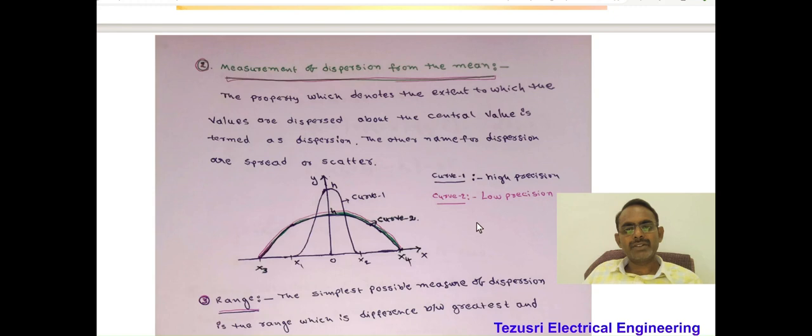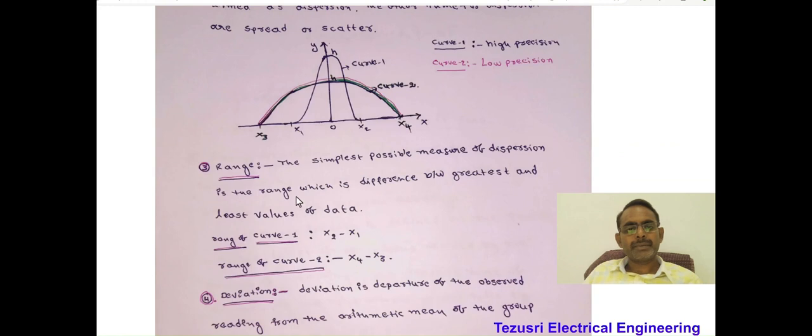From this we observe that curve x1 to x2 is very narrow and closer to the central value h. Therefore, it has high precision. Next, curve 2 x3 to x4 is wide about the central value h. Therefore, it has low precision.